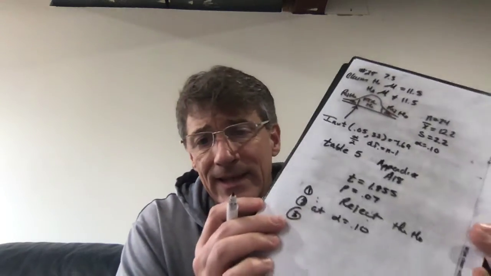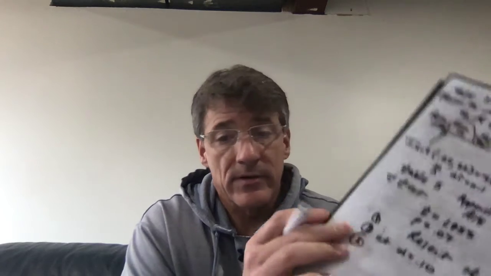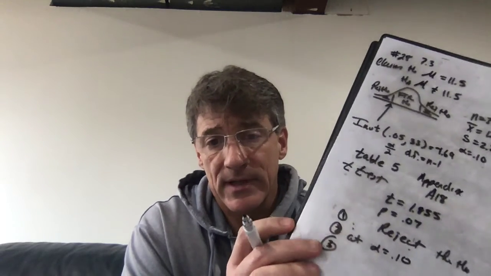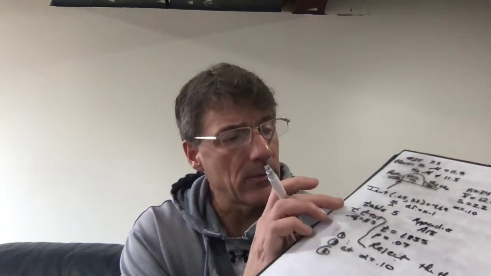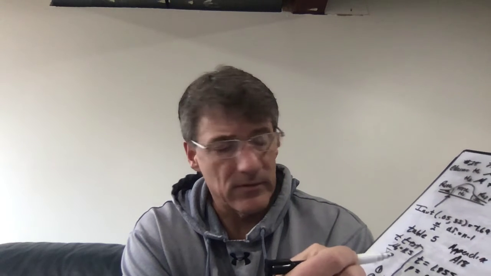Now, your next piece is running a t-test. So you're going to go to stats, then tests, and it's going to start off by listing mu naught. Well, that's your 11.5. Then I believe you'll have the x-bar, then your n, and then your sample standard deviation.